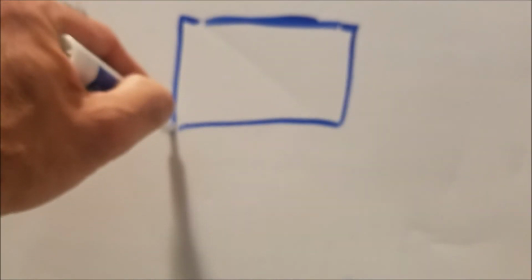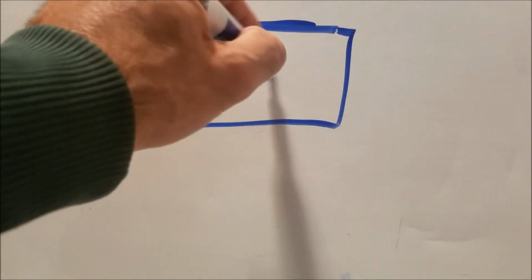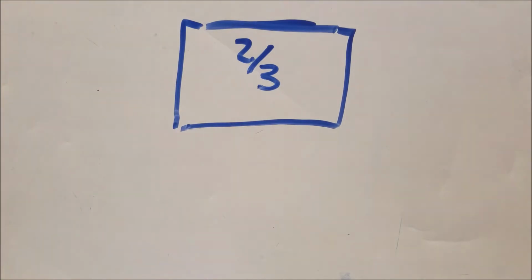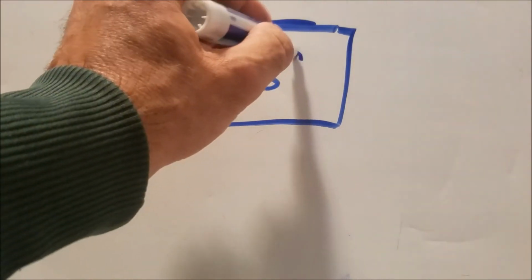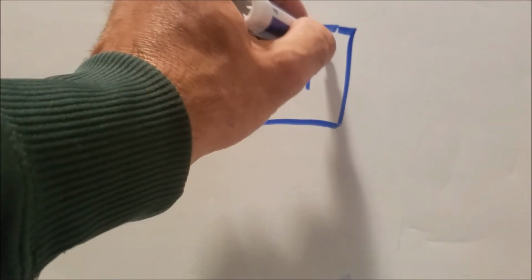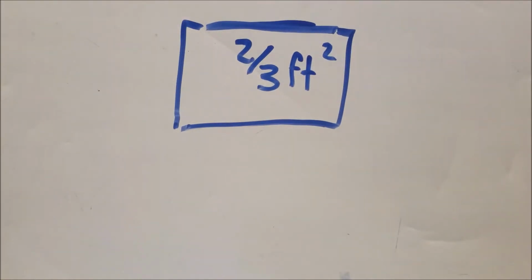All right, so let's look at something. Let's say we had a rectangle, and the rectangle had an area of 2/3. An area always has to have a measurement squared, so let's just use feet.